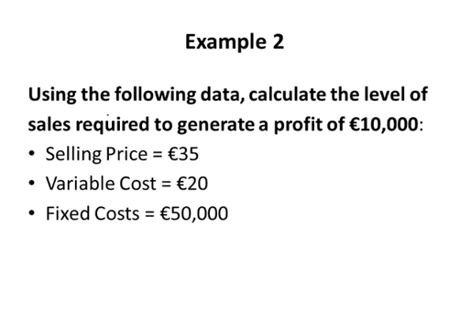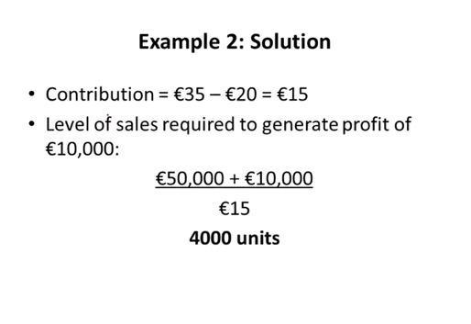Data given is selling price is 35, variable cost is 20, fixed cost 50,000. Contribution is 15. Level of sales required to generate a profit of 10,000 will be the fixed cost plus the profit required divided by 15. So we need to produce 4,000 units to generate a profit of 10,000.